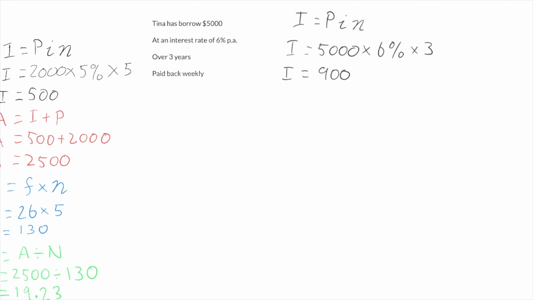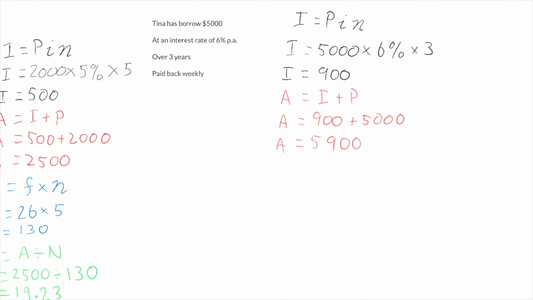So let's go to a different color again. A equals I plus P. A equals 900 plus 5,000. So A equals 5,900.